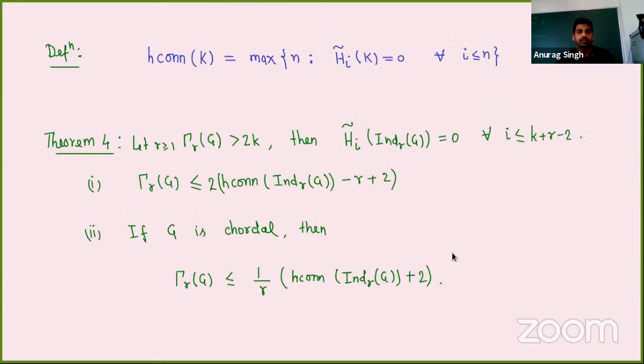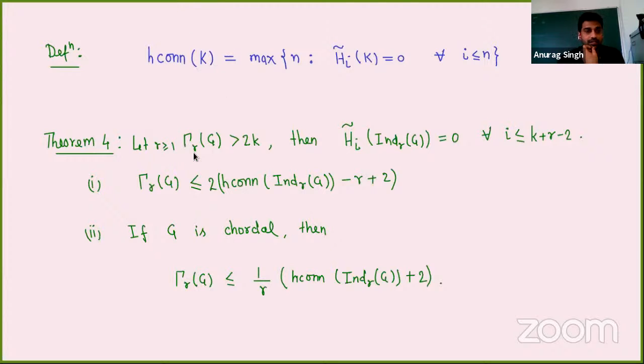Now let me get back to the motivation that we started with. Our motivation was to find a topological bound for the distance-r domination number and clustered r-coloring of a graph G, of any graph G. So in this direction, we have the following result. The homological connectivity of a complex is the maximum n such that the integer homology up to level n vanishes. So that's what the homological connectivity of a complex is.